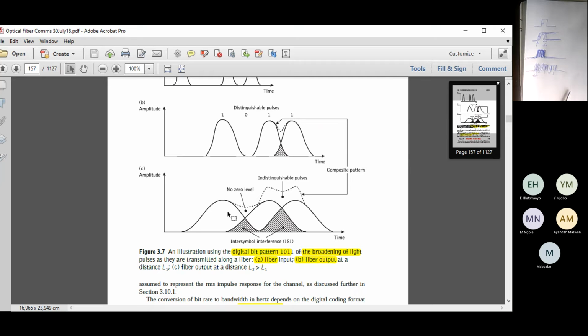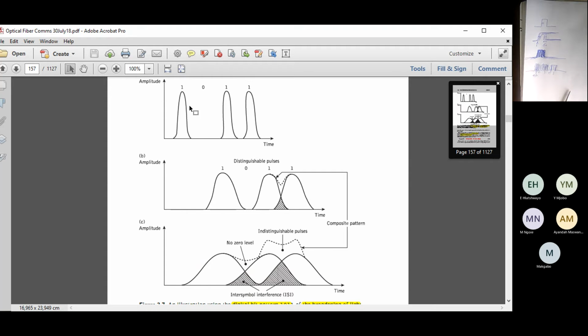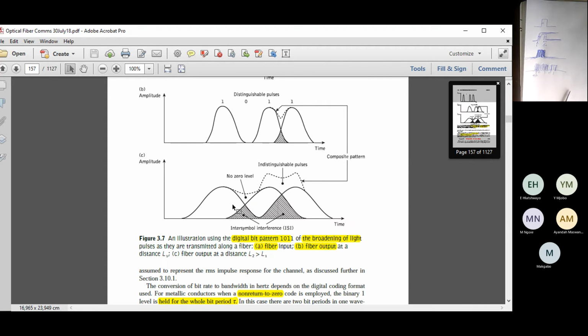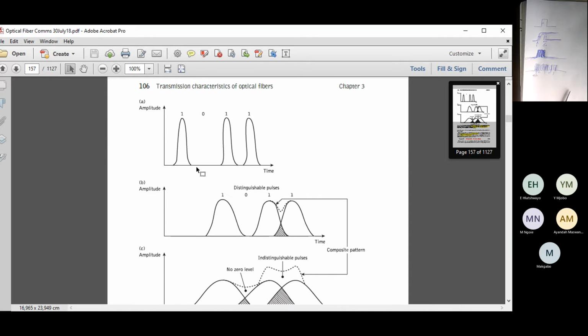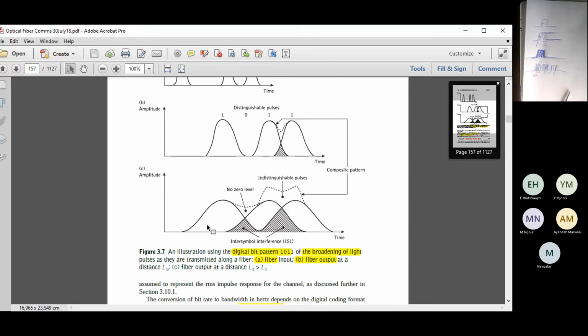You can see that's a 1, you can see that is a 1, but you can't see what this is. There's a 0 here, and there's a 1. So it's 1, 1, 1, 1. It was 1, 0, 1, 1. You see? So you can't see if that's a 0 or a 1 anymore, because of this broadening. Sigma is this broadening from this beautiful one to this bad one here.